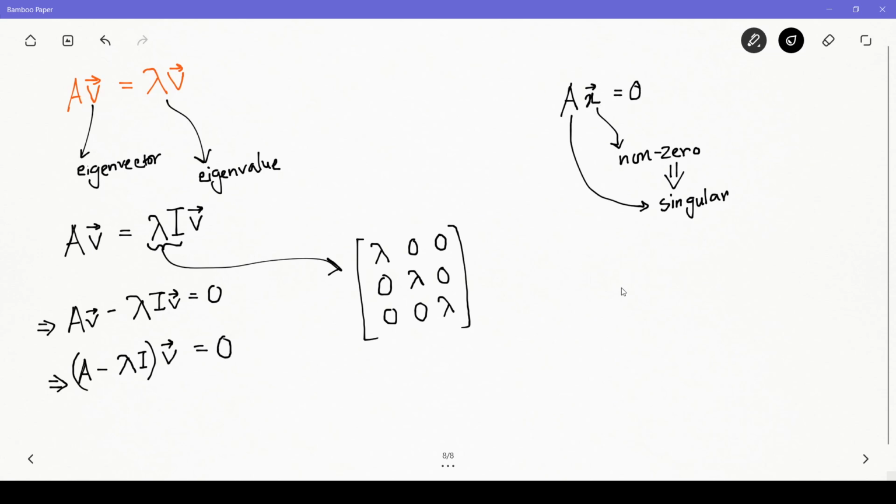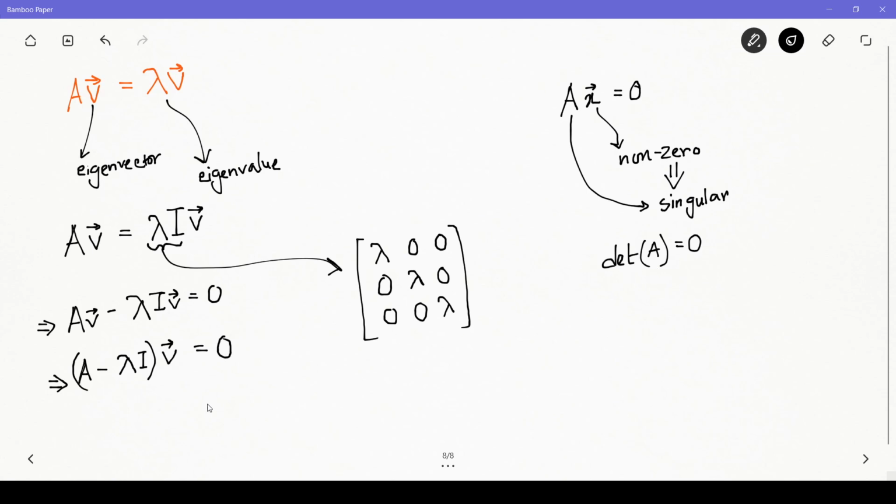Okay, and if you also recall further, for a singular matrix A, so let's say A is singular over here, the determinant of A is 0, right? So if I have a singular matrix, there was a theorem that said that the determinant of that matrix is 0.